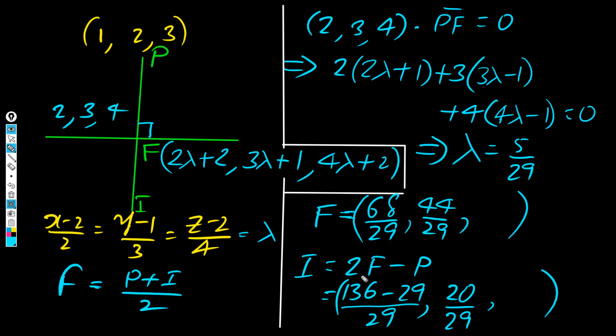Now coming to this, twice f means 88 minus 2 into 29. How much is 2 into 29, please? 58, no?